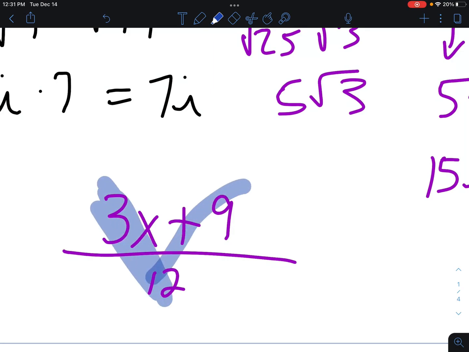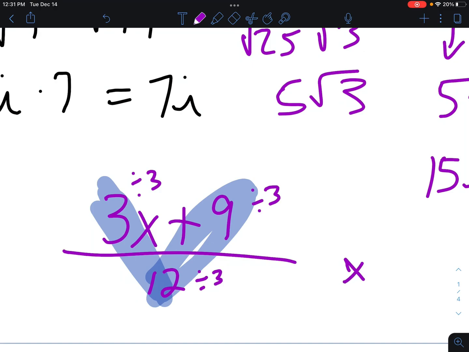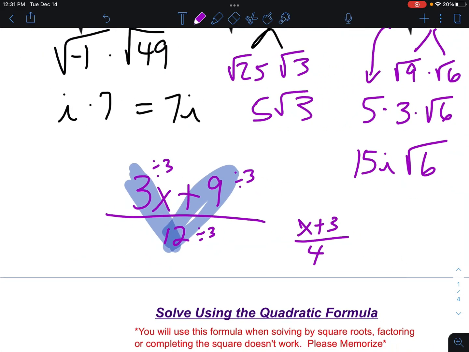If there was, it better be the same common factor out of those two numbers. And thankfully, they're all divisible by 3. If all 3 are divisible by the same number, then we can simplify it down and say that's x plus 3 over 4. All right, there's a reason why we're going to show you this here in a second, but just wanted to show you that.